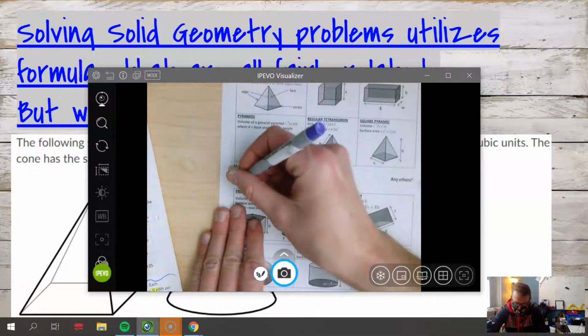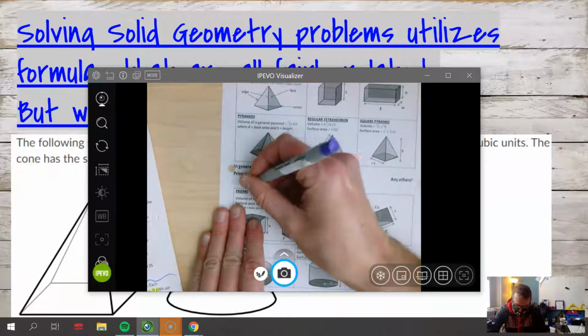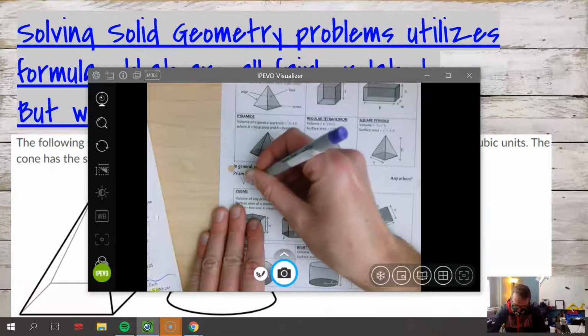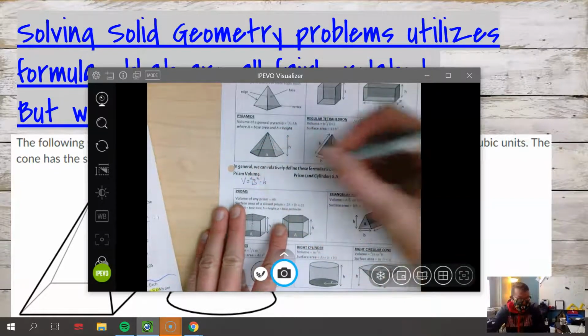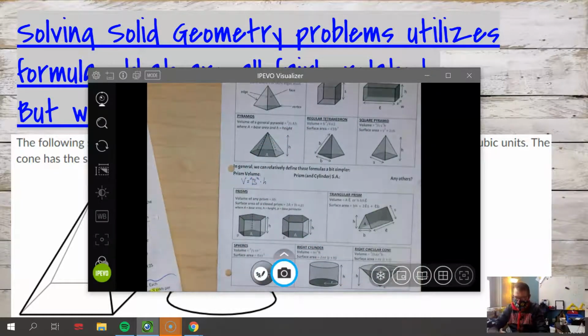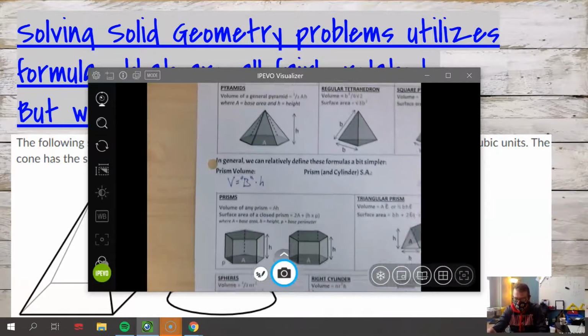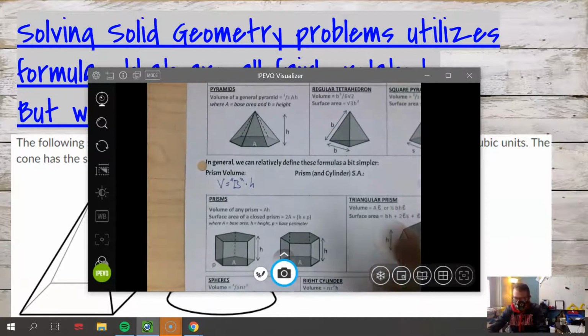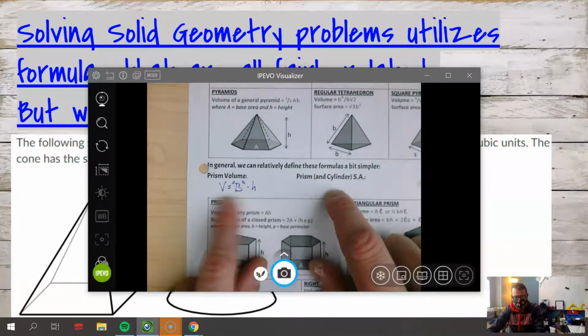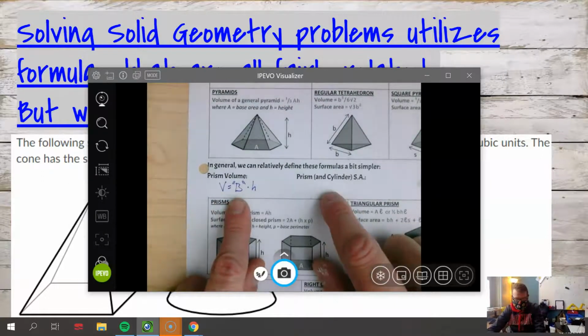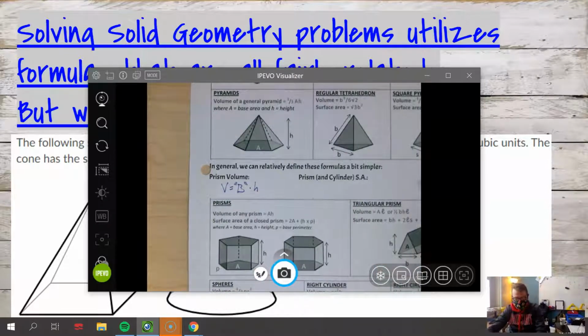Yeah, big B times H really is one easy way that we can remember. Big B is always the base area. So that's not very tricky to see, but the next one.